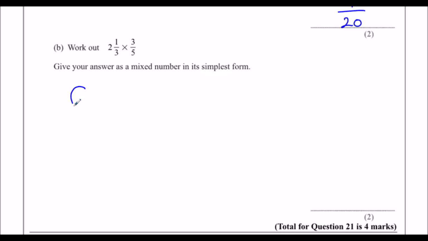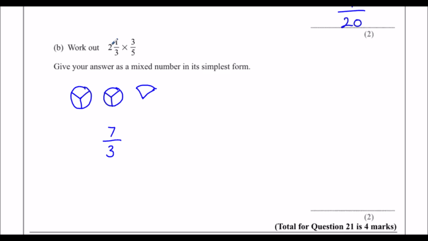So how many thirds is that? Each whole is 3/3. So how many thirds have we got? 1, 2, 3, 4, 5, 6, 7 thirds. So 2 and 1/3 is the same as 7 thirds.